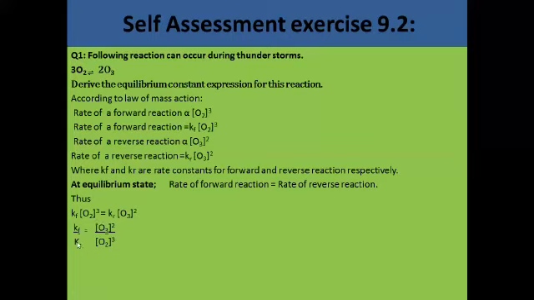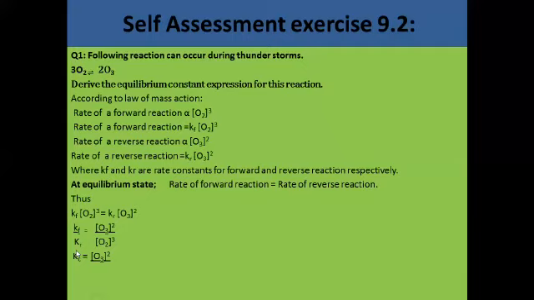Now Kf over Kr is equal to a single constant. Instead of using these two constants, we will use a single constant for the reversible reaction, which is called Kc. Kc is the equilibrium constant for a reversible reaction.